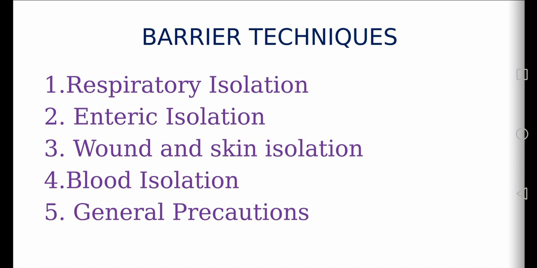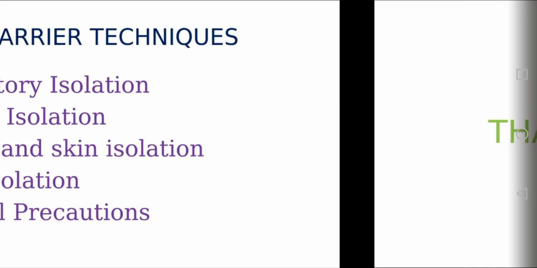Next is to keep toilet articles separate for each person. Next is immunization against common communicable diseases. Next is to protect persons with lower resistance. And last one is to follow isolation techniques when needed.